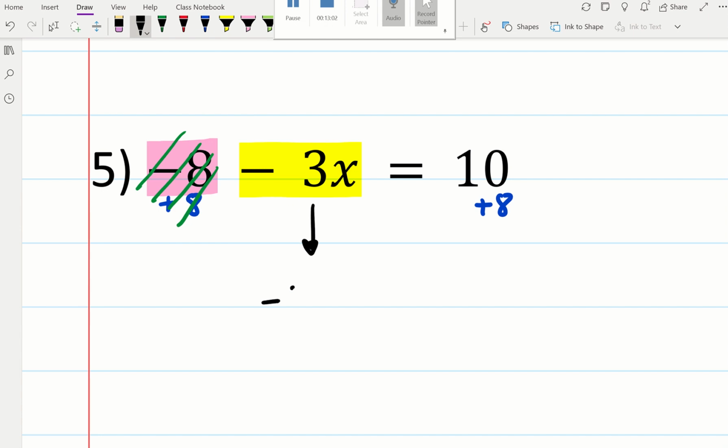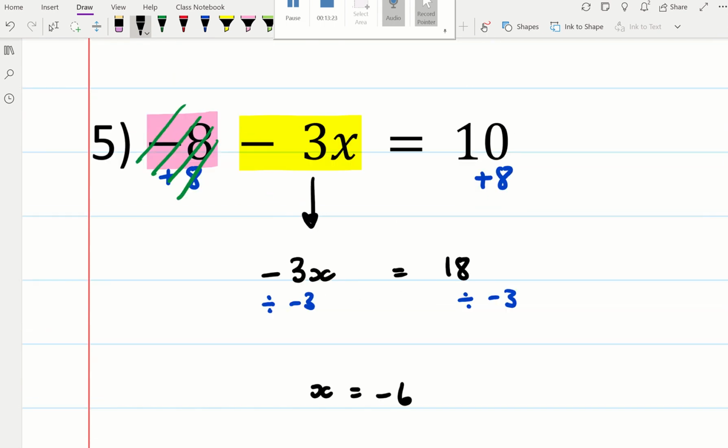And I'm left with negative 3x equals 18. So I'm going to divide by negative 3, and I'm going to divide by negative 3. So x equals negative 6. And this is the end of simple equations.